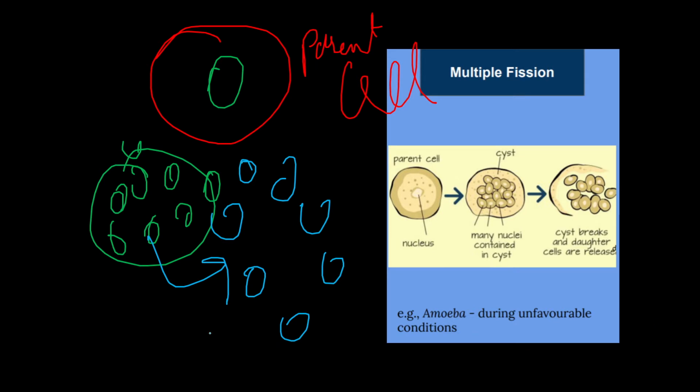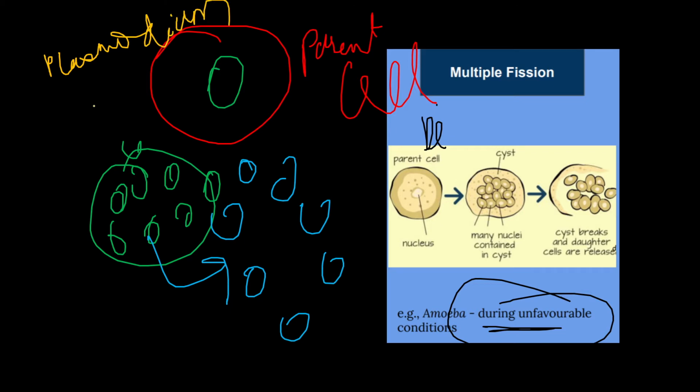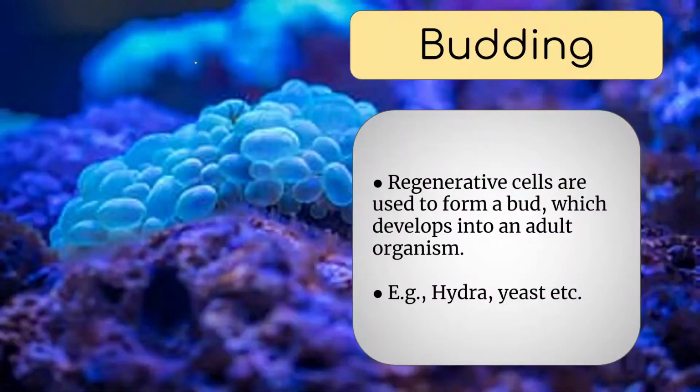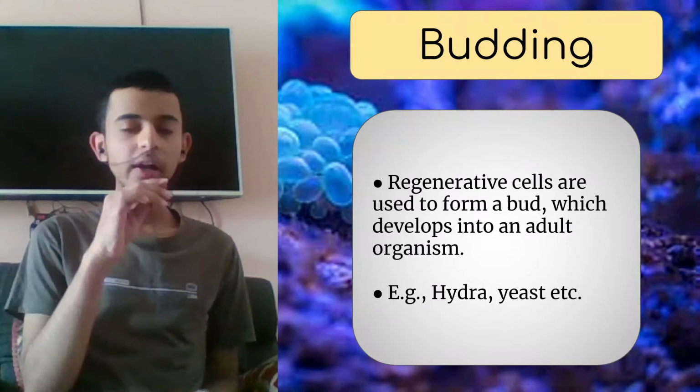Sometimes multiple fission takes place in amoeba also during unfavorable conditions, whereas it generally takes place in plasmodium. All right, everybody. So I hope it was clear.